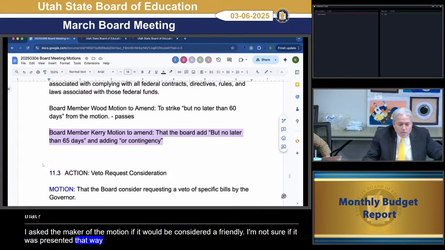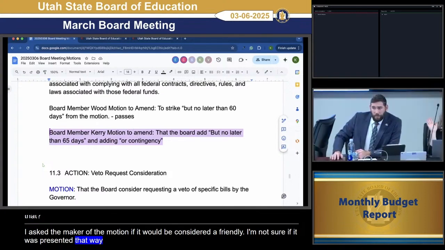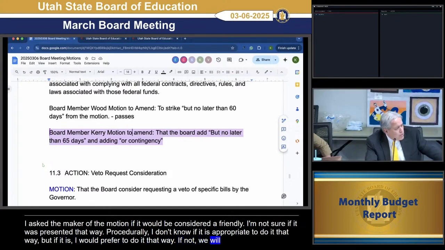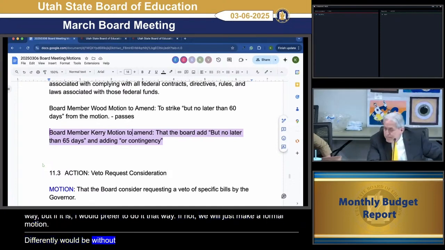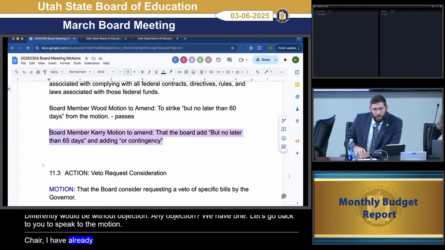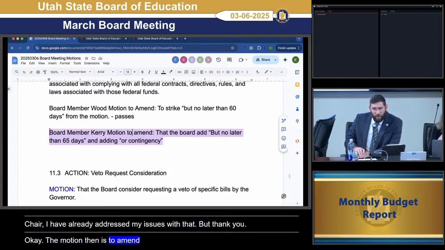The friendly would be without objection. Is there any objection on this? Yes, we have one, so let's go back to you to speak to the motion. Yeah, Chair, I've already addressed my issues with that, but thank you. Okay, so the motion then is to amend that the board add "but no later than 65 days," and adding or contingency.